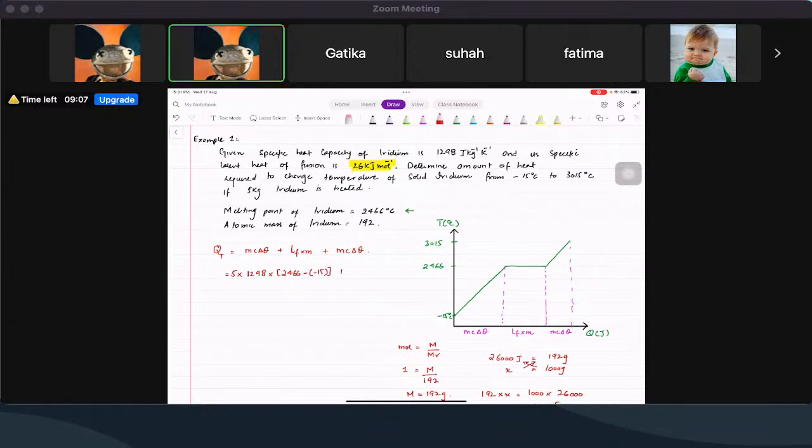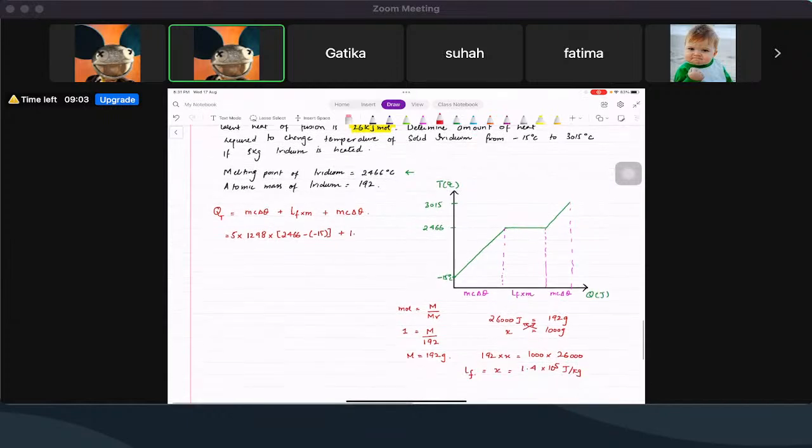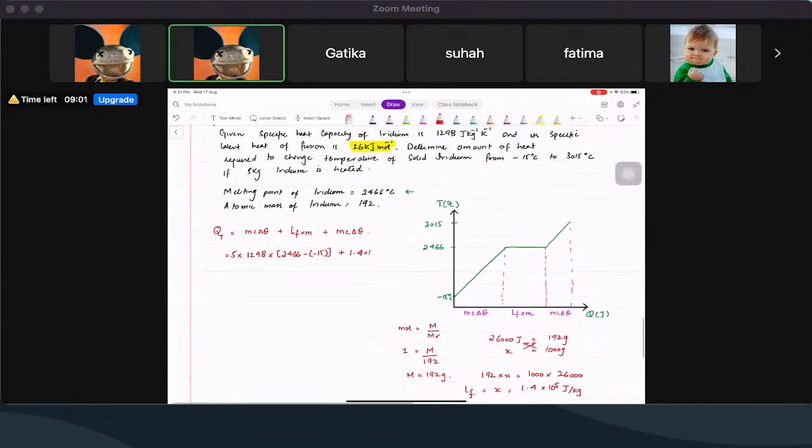Then latent heat of fusion is 1.4 times 10 raised to 5 times 5 kg plus 5 times 1298 heat capacity times, now it goes to 3015 from 2466. Check the equation. If you do not understand something, please let me know.